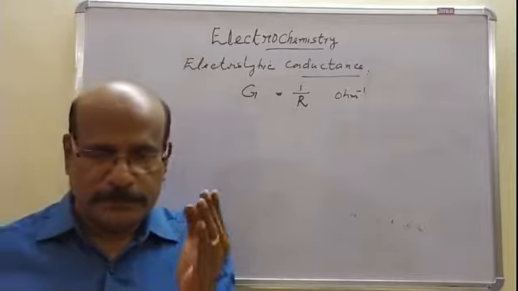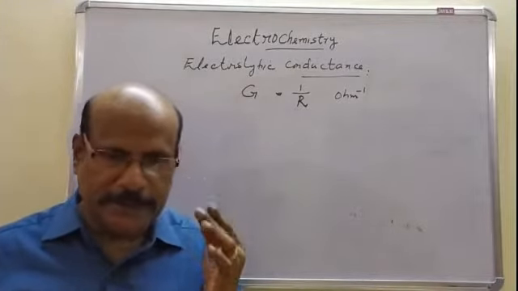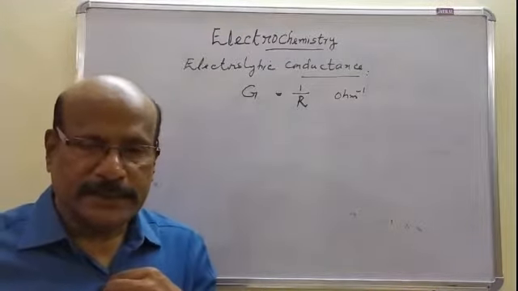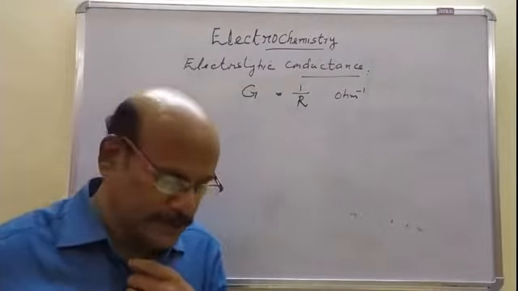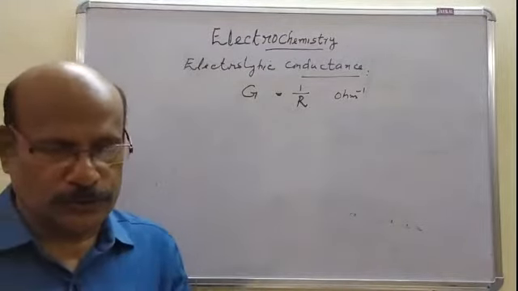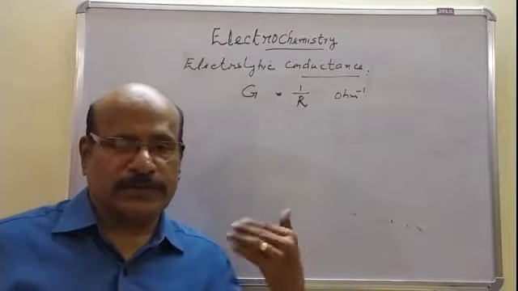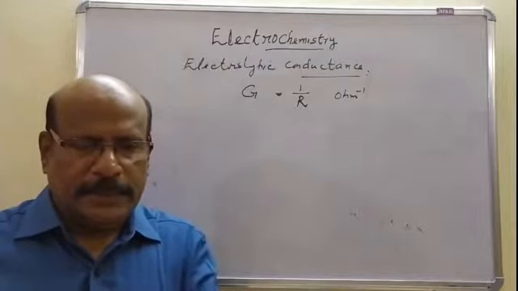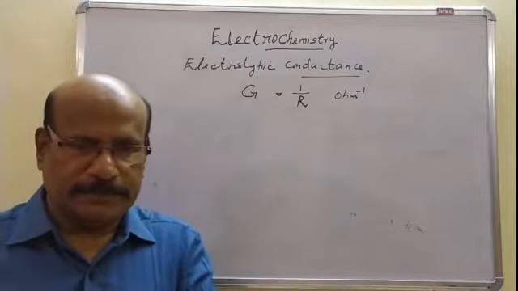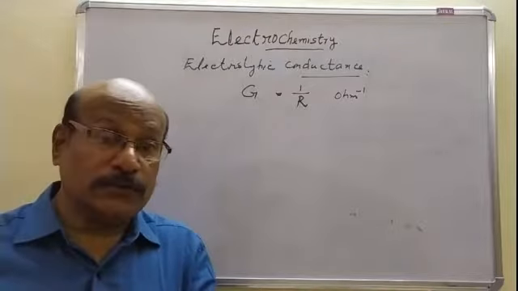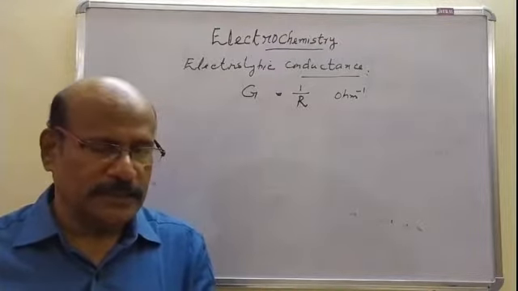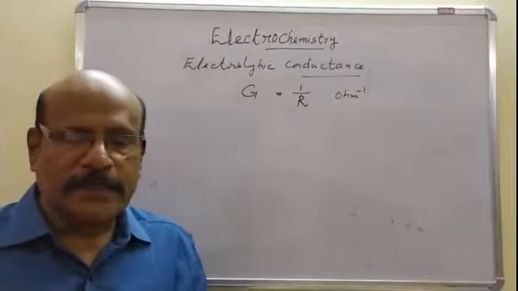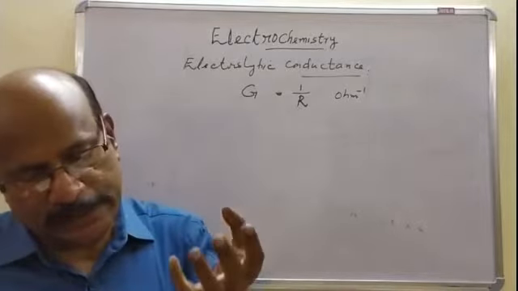So in dealing with electrolytic conductors, we are measuring the conductance of an aqueous solution of an electrolytic substance, an aqueous solution of salt, base, or acid, or any such ionic compound, taken in a particular cell called a conductivity cell, which can enclose a definite volume V cc of the solution, which is determined by the geometry of the electrode assembly in the cell.